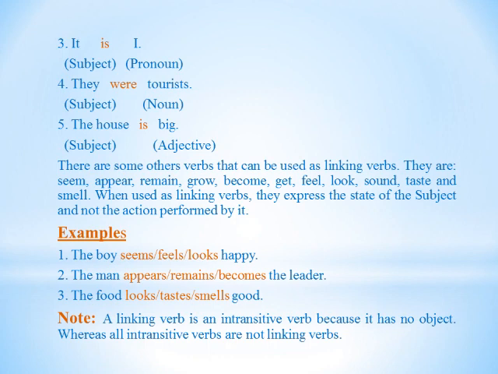Here again, the linking verbs express the state of man. Number 3. The food looks, tastes, smells good. Again, looks, tastes and smells tell us about the state of the food.